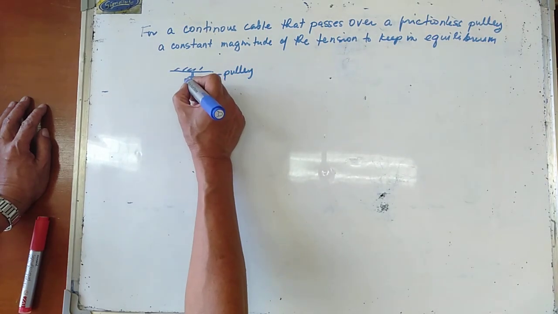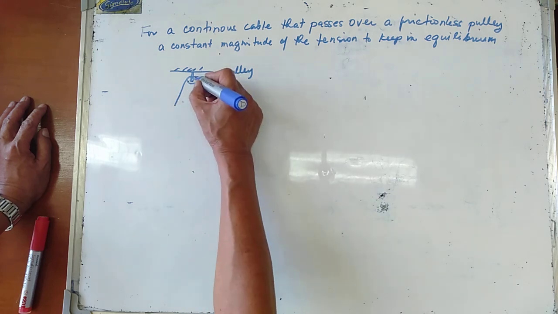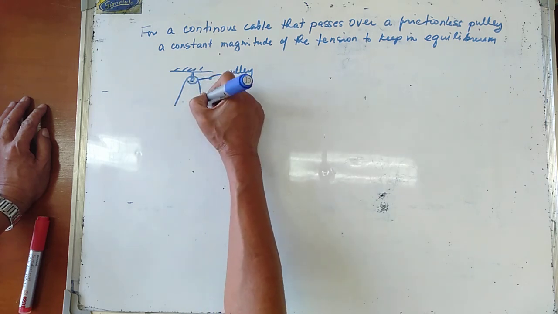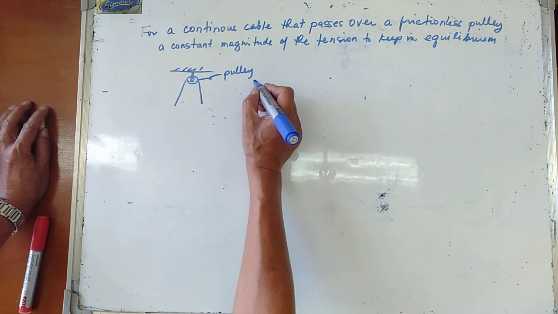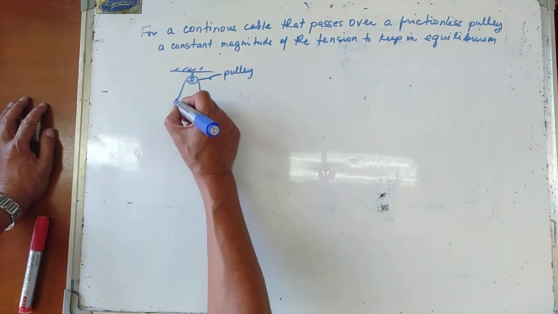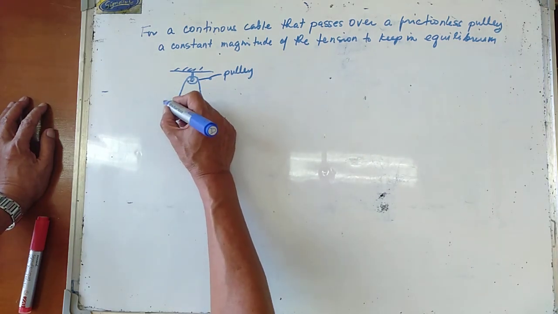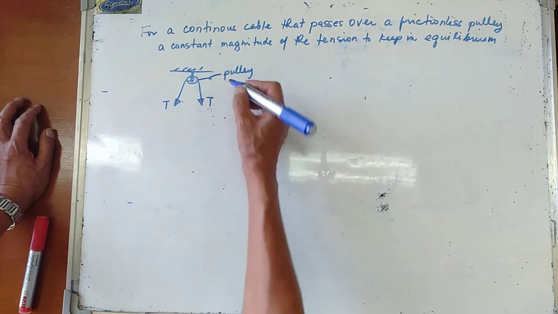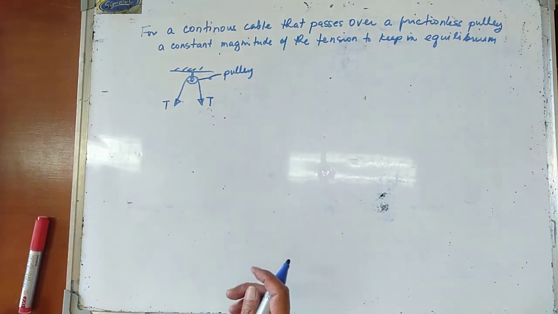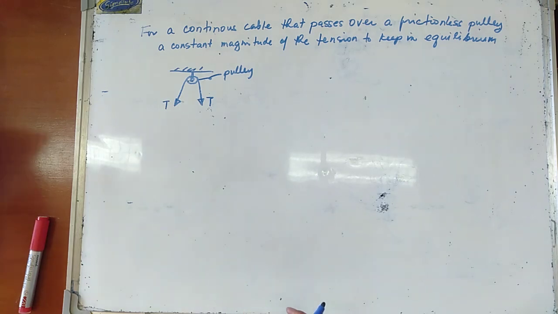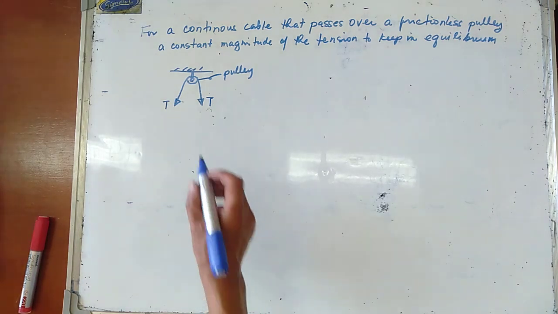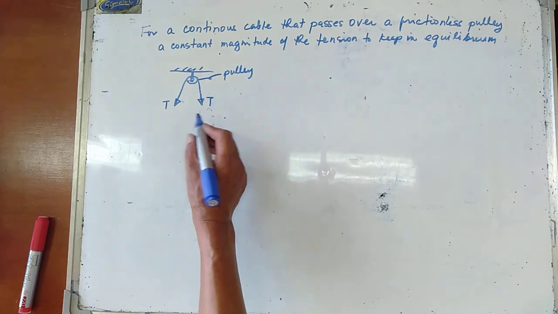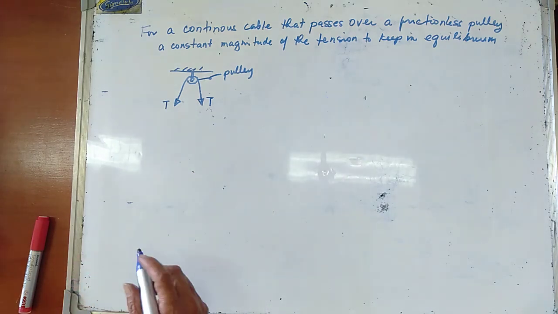So we have a continuous length. If this one in here is T, then this one in here is also equal to T, so that the system is in equilibrium. So we have a constant magnitude of the tension to keep it in equilibrium.